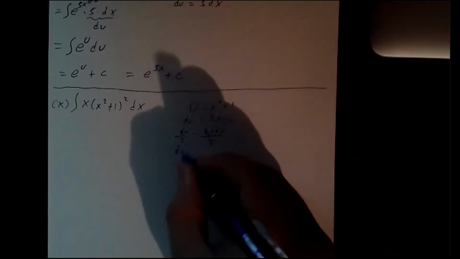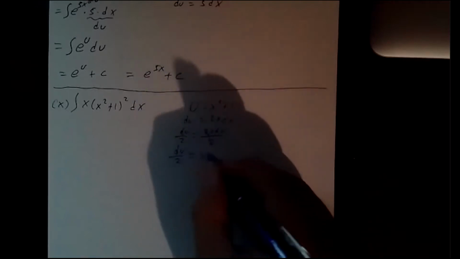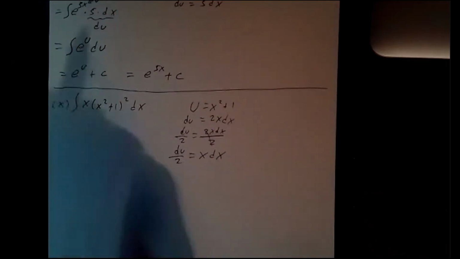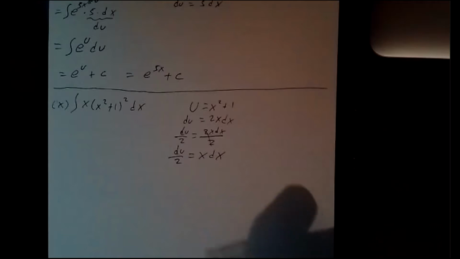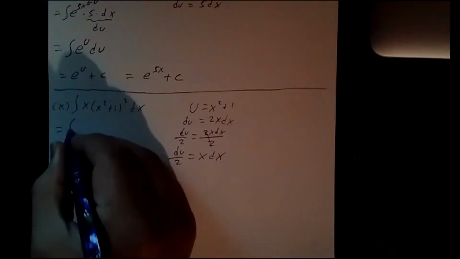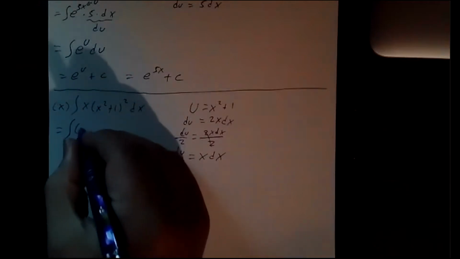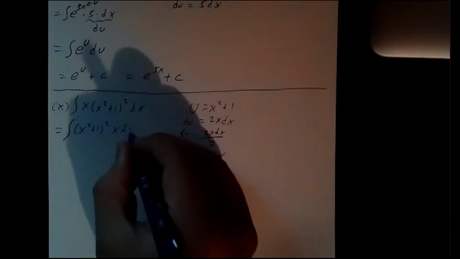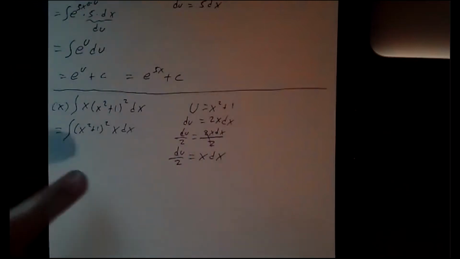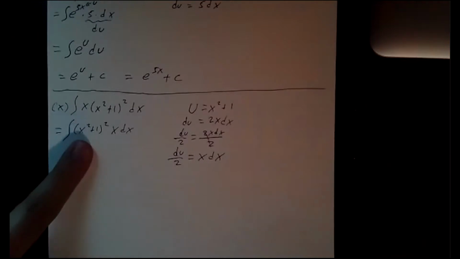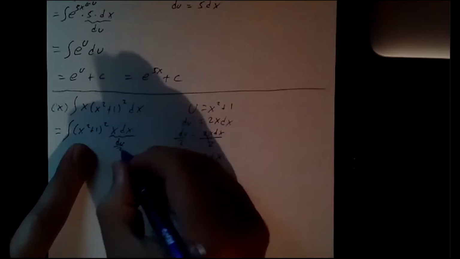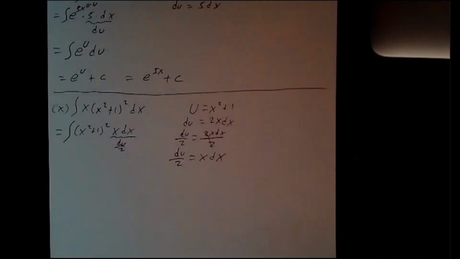So now du over 2 is equal to x dx, which is what we have, right? We have an x and a dx. Do you agree with that? Yeah. I'll rewrite it just so you can see it better. So this is u, and now we have du over 2 right there. You see that?